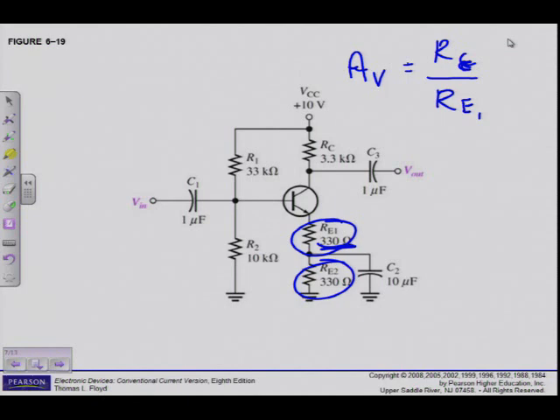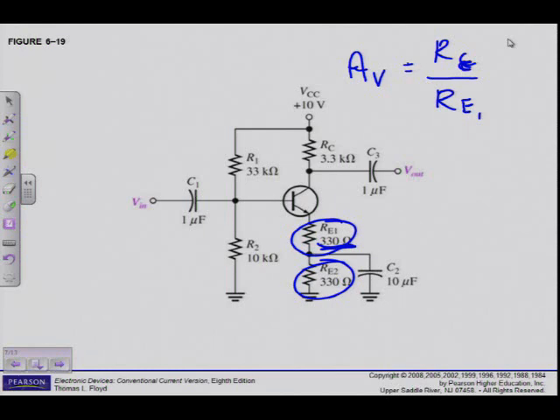Just below example 6.7, they mention the effect of swamping on the amplifier's input resistance, showing how these changes also influence other formulas. Remember equation 6.9, R in at the base, if there was no bypassing, was beta AC times R accent E plus RE.